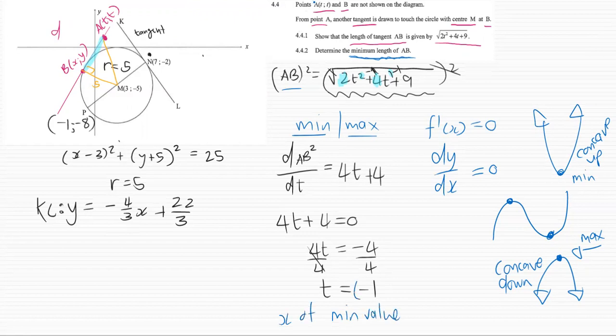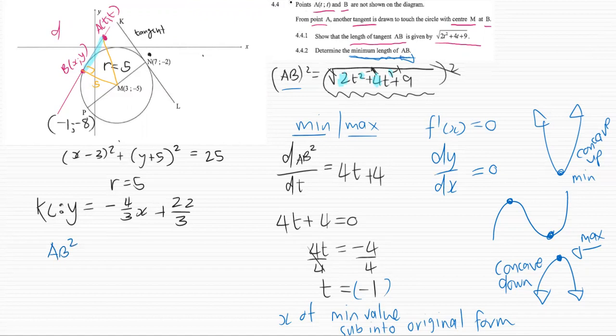And the way we figure out what our actual min value is, we sub this value into our original formula that we made to find the minimum distance, or the minimum length, sorry, in this case, of AB. Right, so we have our AB squared.